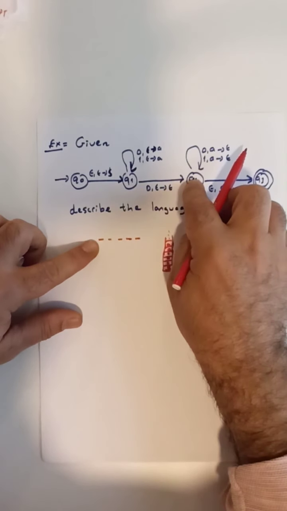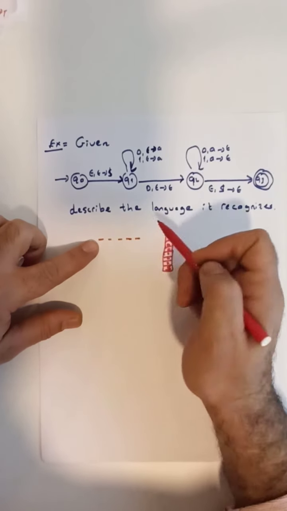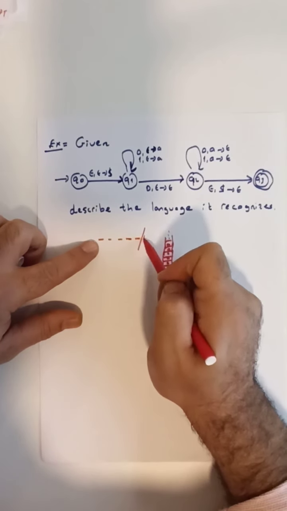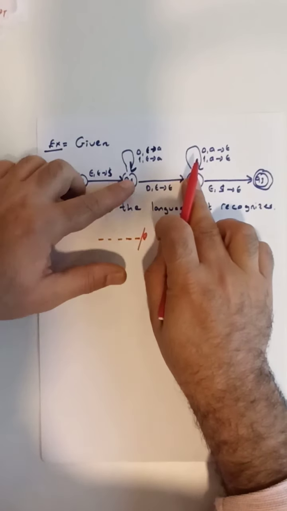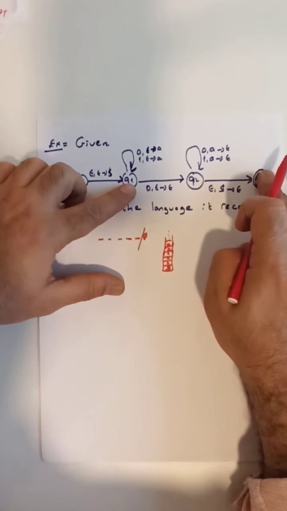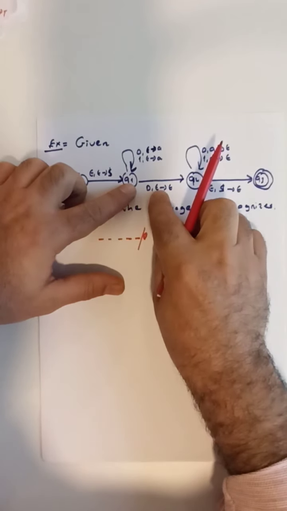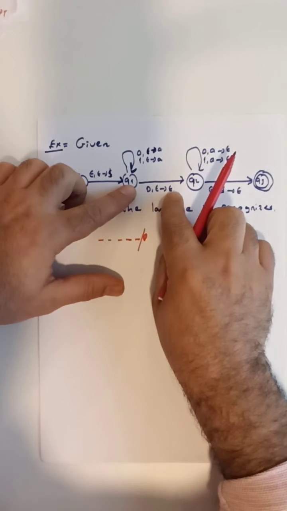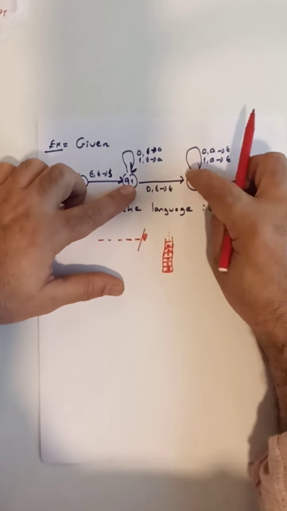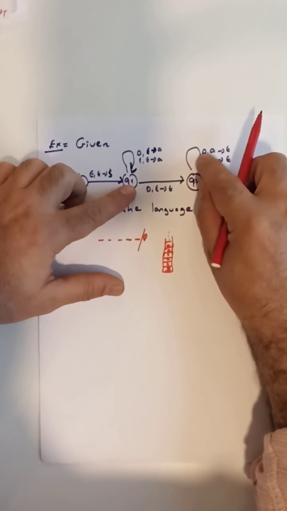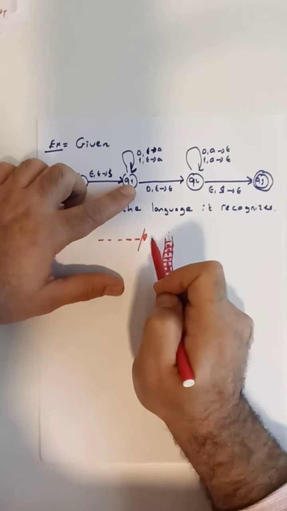Say it has taken that branch, and now it sees a 0 and takes this transition. While reading 0, it hasn't done anything on the stack, because it hasn't popped or pushed a symbol. For the rest, it takes this looping transition, reading any symbol 0 or 1 from the input.